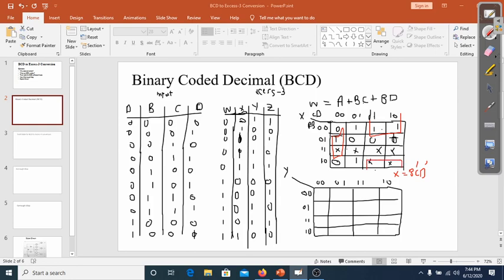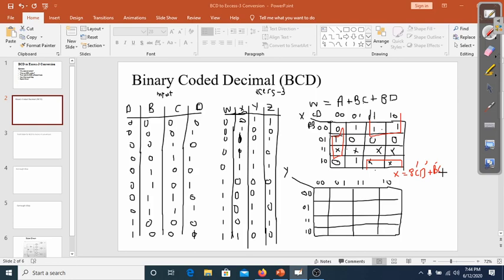By simplifying these two boxes, A prime and A will cancel out, I will get B prime, and here D plus D prime will cancel out, so the expression is B prime into C.